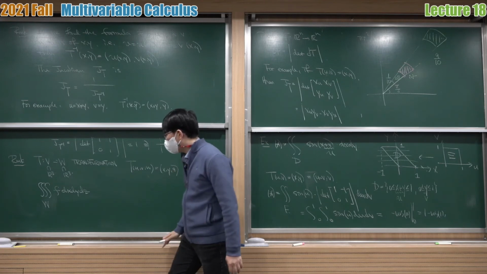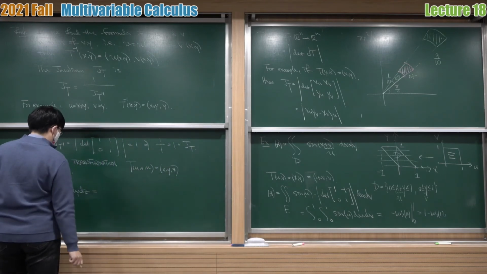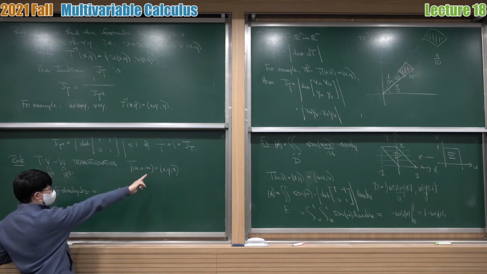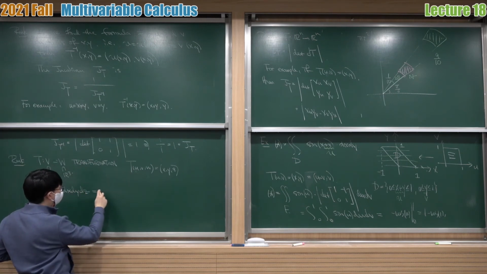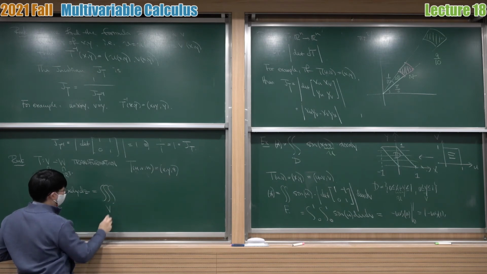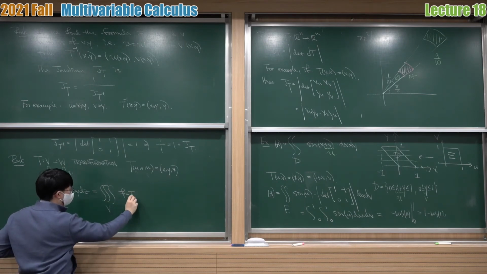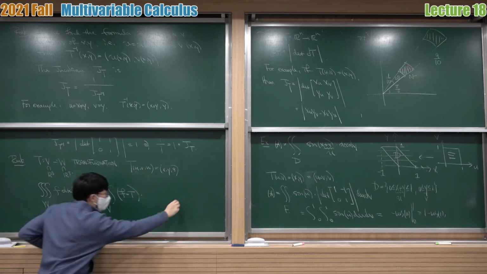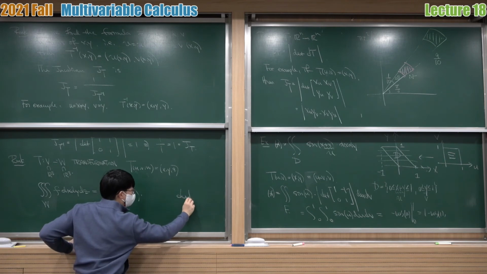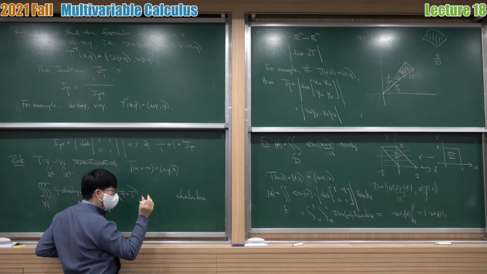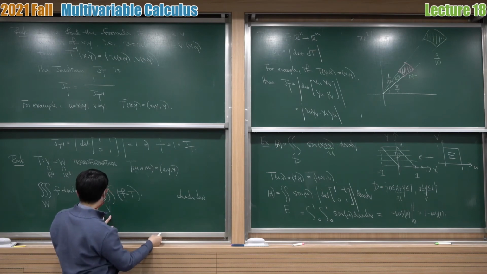Then I can turn this integration into an integration over u, v, w. So I have to take the composition to make a function of u, v, w, and then I need du, dv, dw, which represent the small volume on this u, v, w plane.